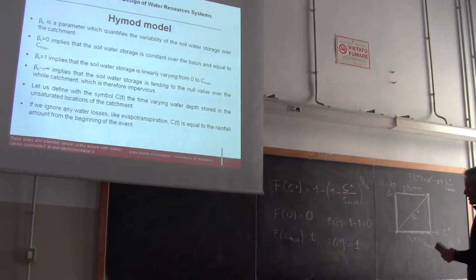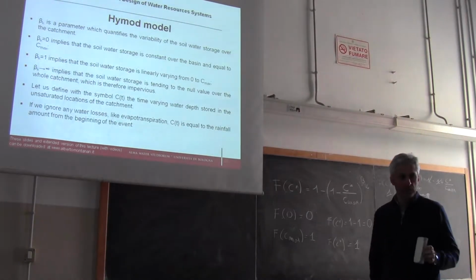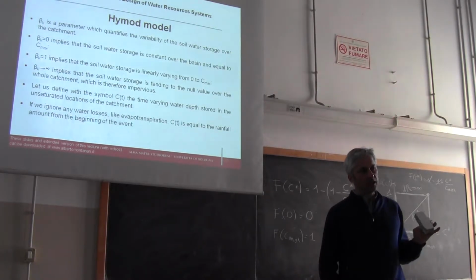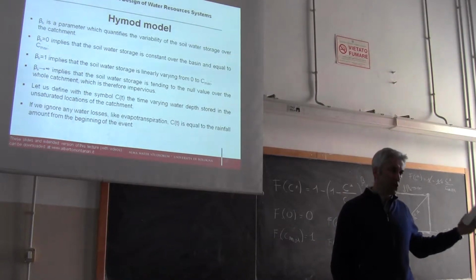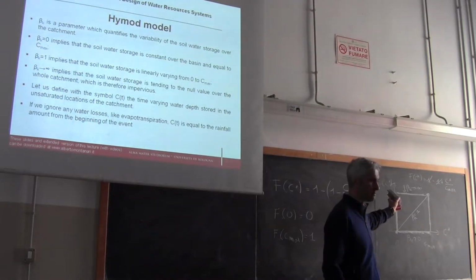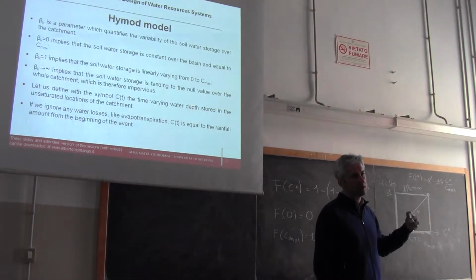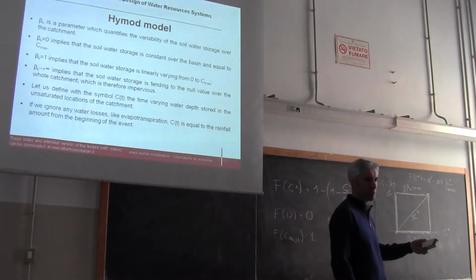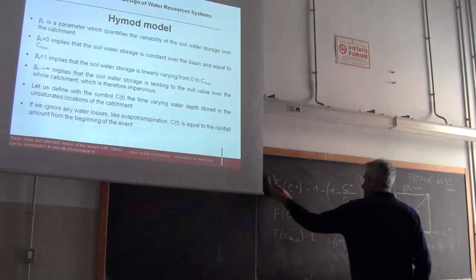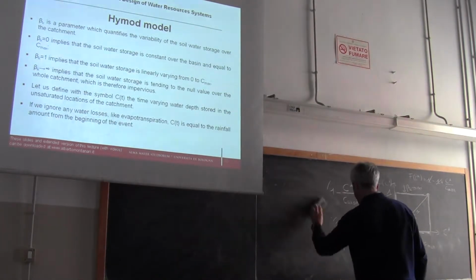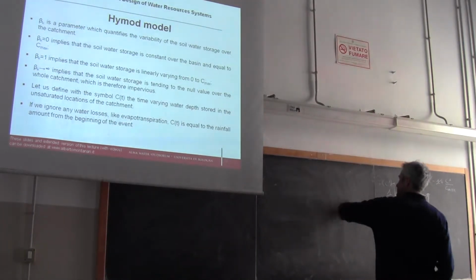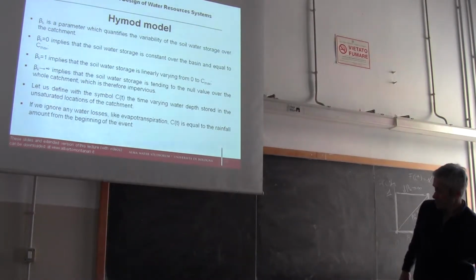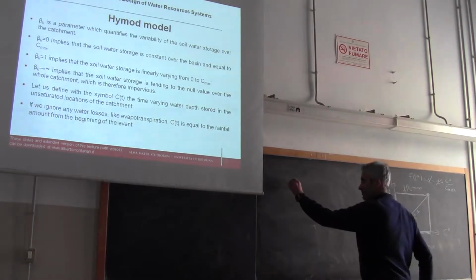Okay, and then the next question is, provided that we can fix the values of Cmax and beta k, we get a given shape of this diagram. Let's assume a specific shape that I'm drawing on the blackboard now. Let's assume that it's like this.